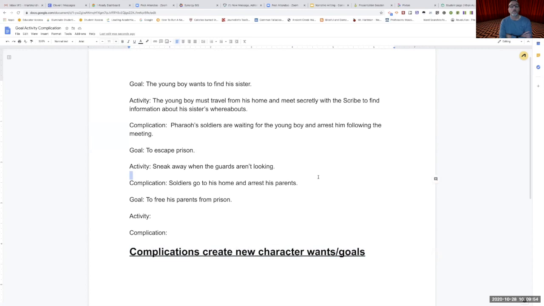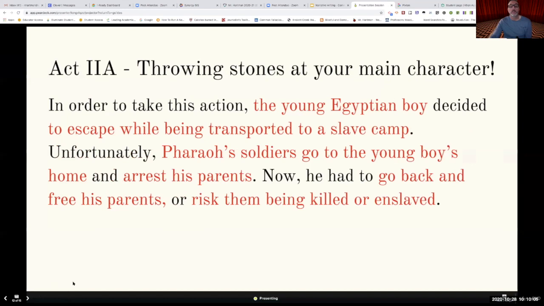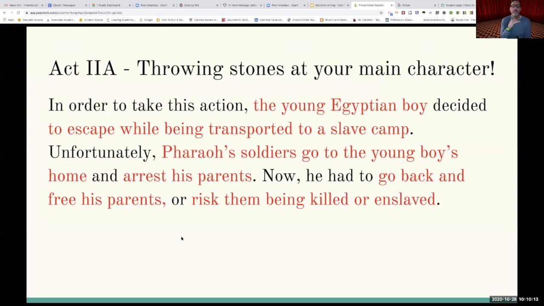So tonight you are going to do this section of your story. This was the one that we did yesterday, and this is the one that you're going to do tonight. It's the first half of the second act. And again, as long as you're thinking goal, activity, complication, you'll be fine.